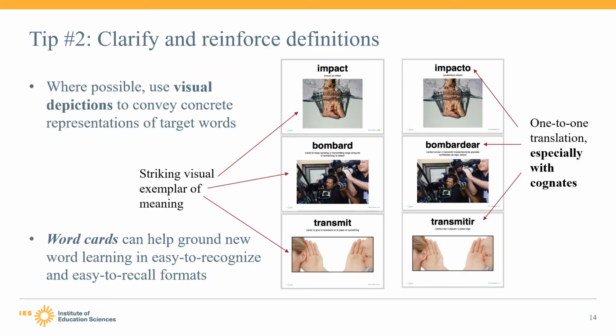Where possible, you should use these kinds of visual depictions to convey concrete representations of target words. So we showed that word map before that included a lot of terms that students would already be familiar with, but if our focus is on words that are newer than that, then what we're able to do when it's possible is to depict those target words with a striking visual exemplar of the meaning.